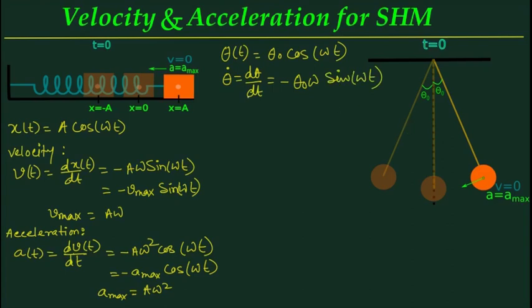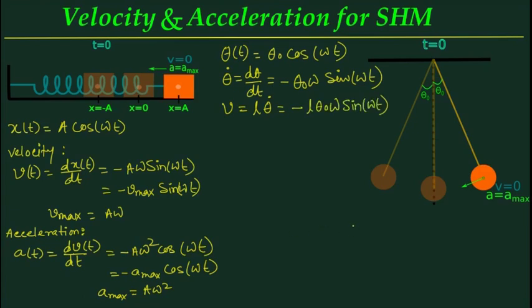We can express it in terms of linear velocity. If theta naught is very small, then the bob moves very close to linear motion. So v equal to the length of the string L times the angular velocity, which is minus L theta naught omega into sine of omega t.